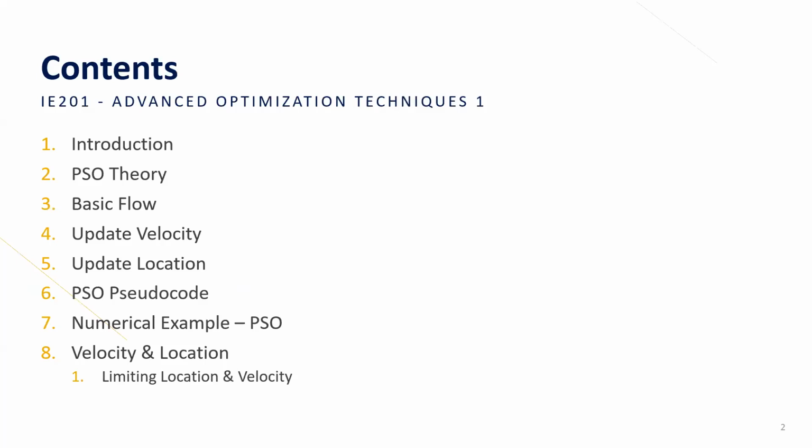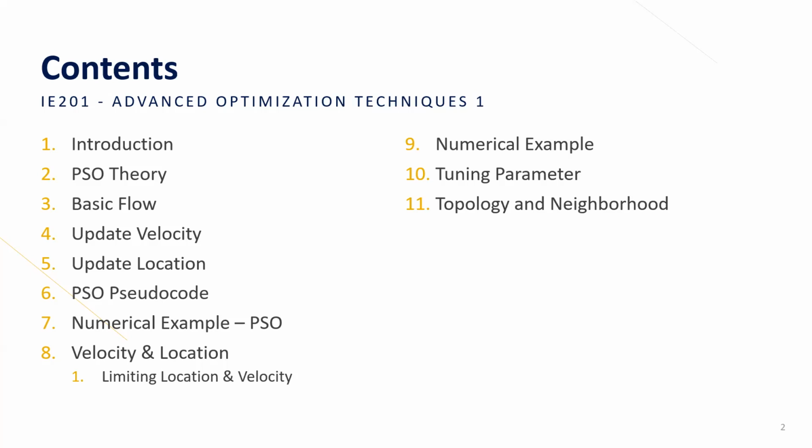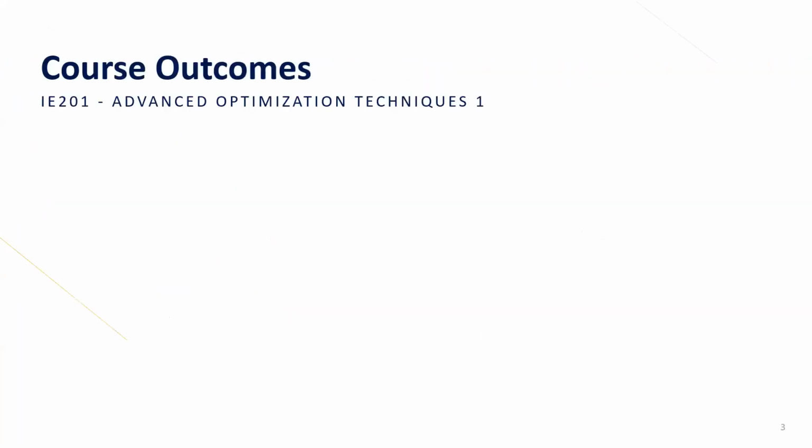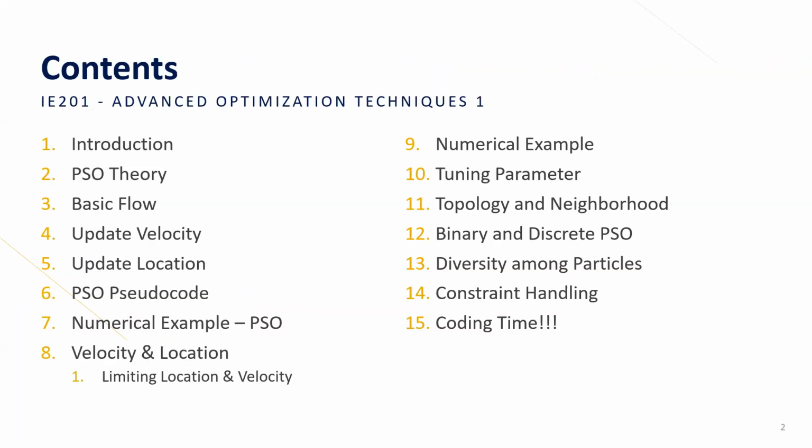Okay, the first part I think we have covered until this point number 8, including introduction, theory, basic flow, how to update velocity in the PSO, how to update the location, and the pseudocode and numerical examples, and a little bit about the limitation of the velocity to make the PSO move smoothly.